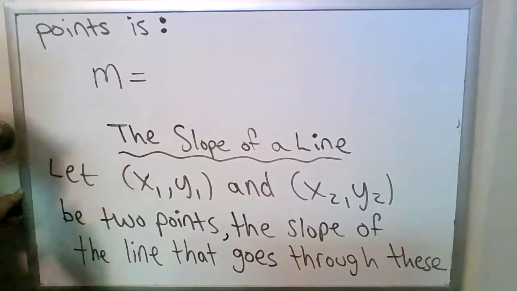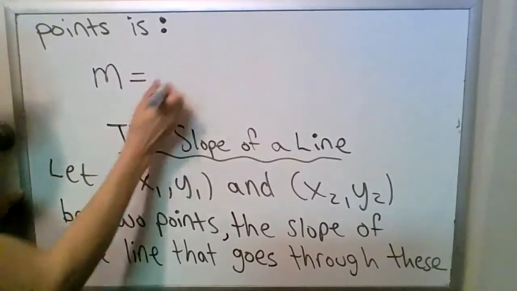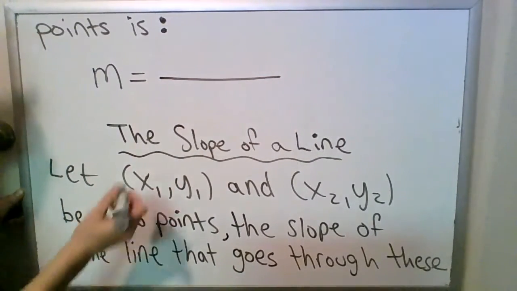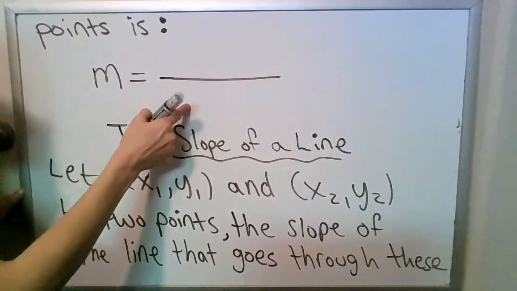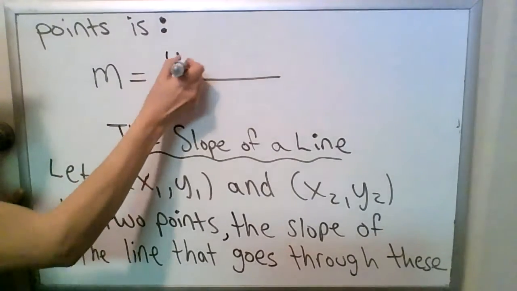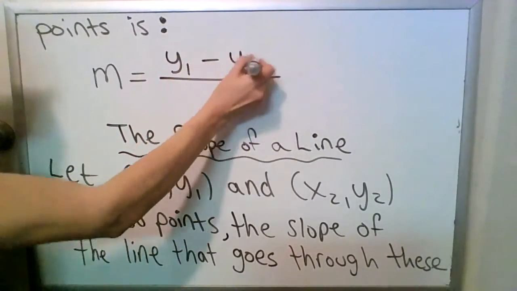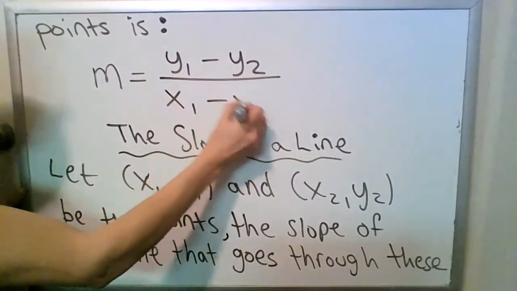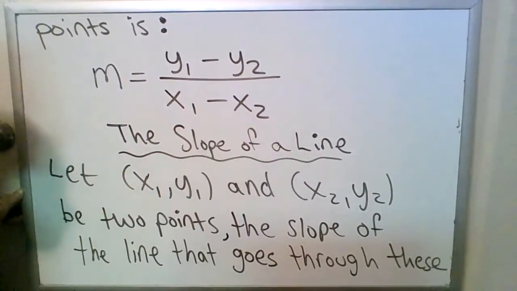And you find it by taking the difference of your y values, divided by the difference of the x values. And you just need your subscripts to match. So if you start with y1 and then subtract y2, you have to have x1 subtract x2 in the denominator.